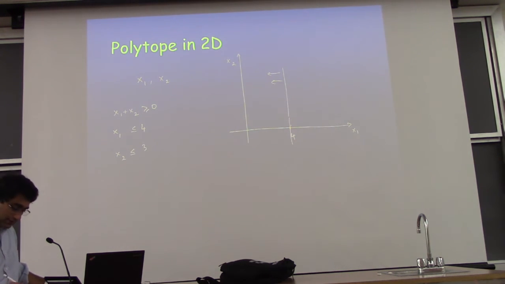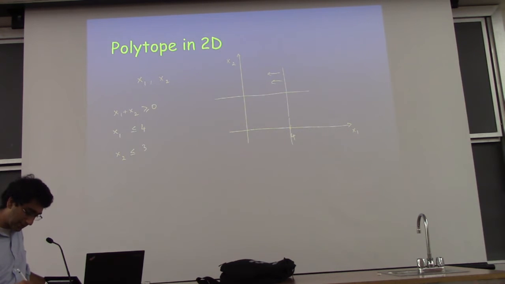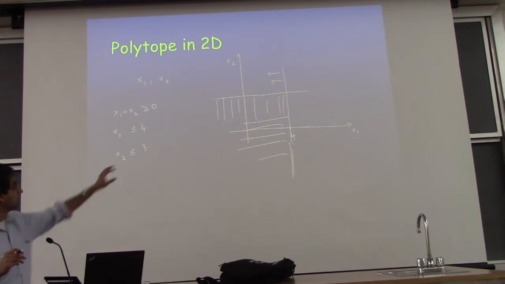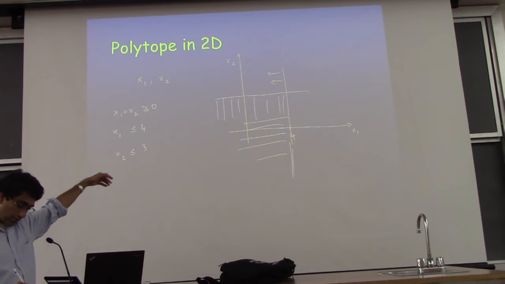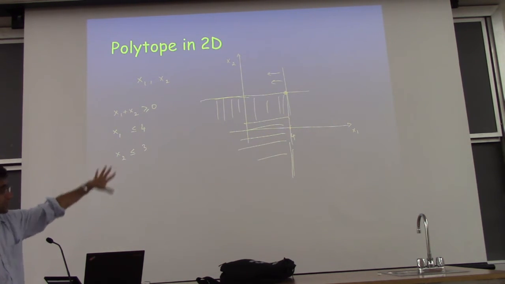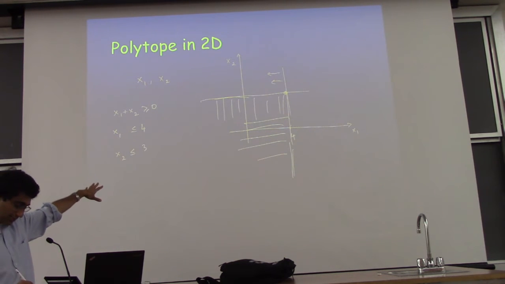And so it involves all the negative points and so forth. And x2 less than or equal to 3 looks like this, everything on this side. So the feasible set of both of these is you have this point and everything to the left of this. Okay, so this is actually an infinite set if you just had these 2 constraints.